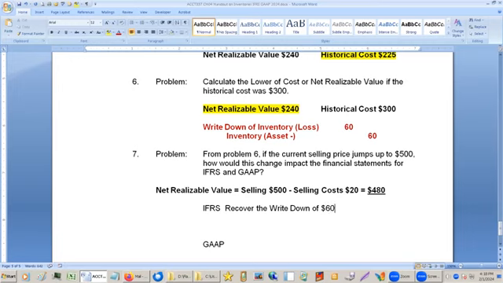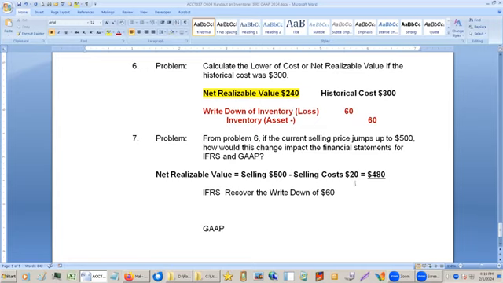If it went back up to 250, then it would be a recovery of $10 or whatever. But in this case, it went all the way through the 300 and all the way up to 500. So we're going to write this back up.